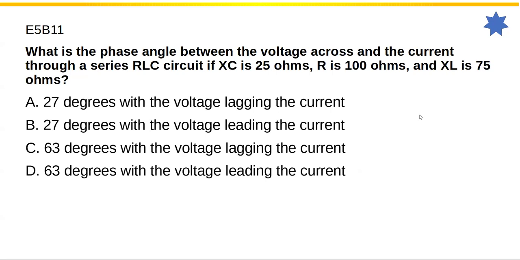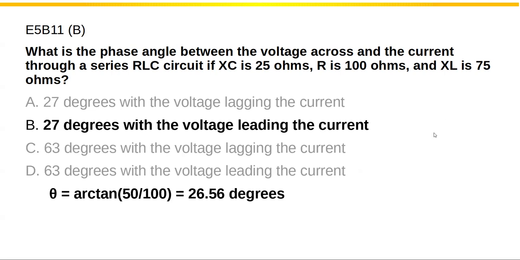And since we're going to wind up with 50 ohms reactance and 100 ohms on the real axis, it's going to be a low angle. So 27 degrees, the arctangent of 50 over 100.